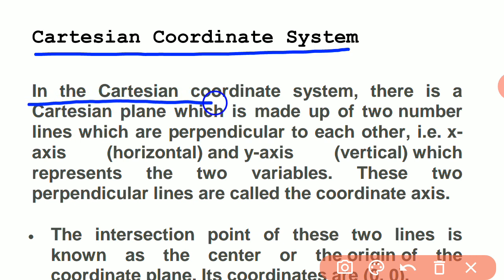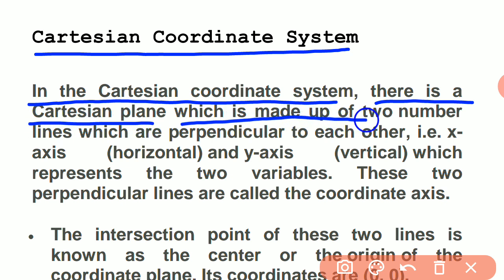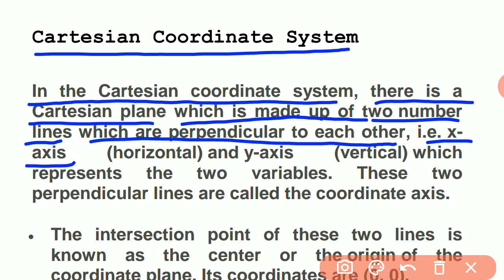In the Cartesian coordinate system, there is a Cartesian plane which is made up of two number lines perpendicular to each other: the x-axis, which is horizontal, and the y-axis, which is vertical.